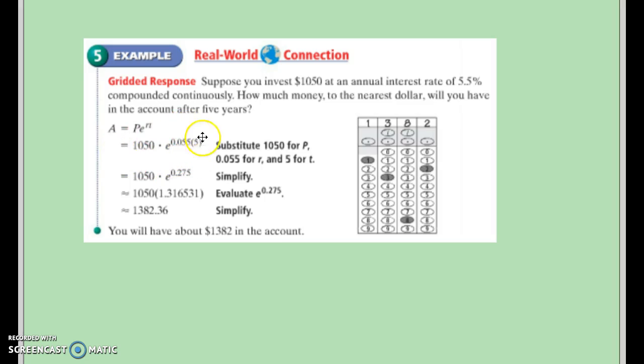Then all I have to do is put these into my calculator. First I multiply 0.055 times 5, which gives me 0.275, and then I take e to that number, which gives me this long decimal, and I multiply that by 1,050. I'm told to round to the nearest dollar, so I look at the change I have left, and since it's below 0.5, I round down, so I will have $1,382 in the account.